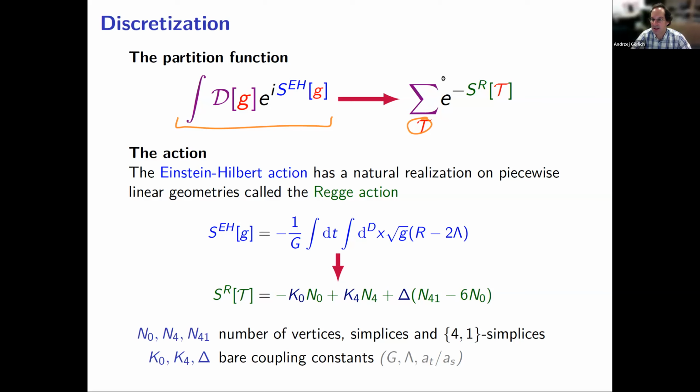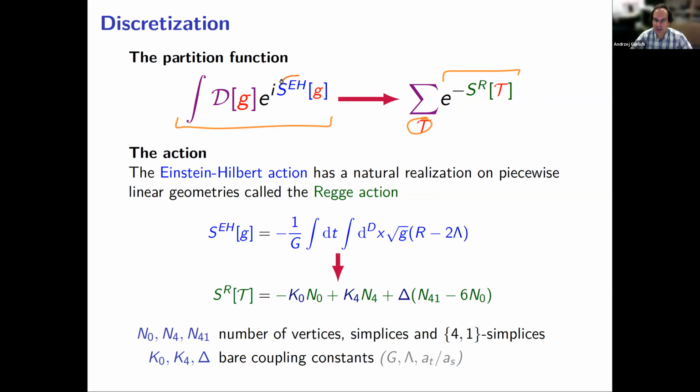So we end up with a statistical model. We have a well-defined partition function, which is a sum over a discrete, infinite but discrete set of triangulations, and we can use Monte Carlo techniques to sample a subset of this ensemble and approximate some expectation values.